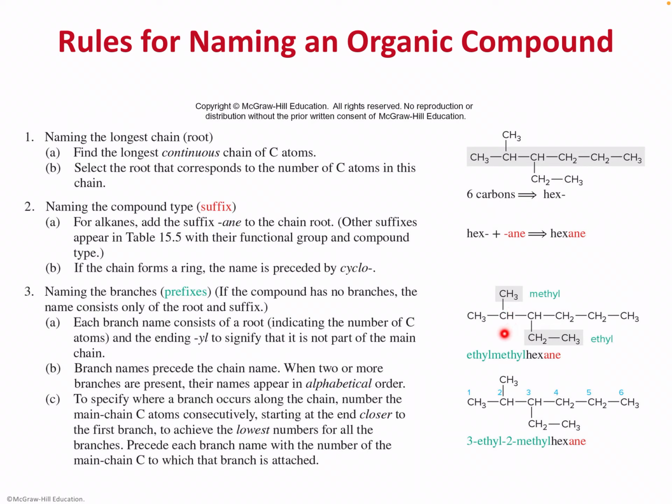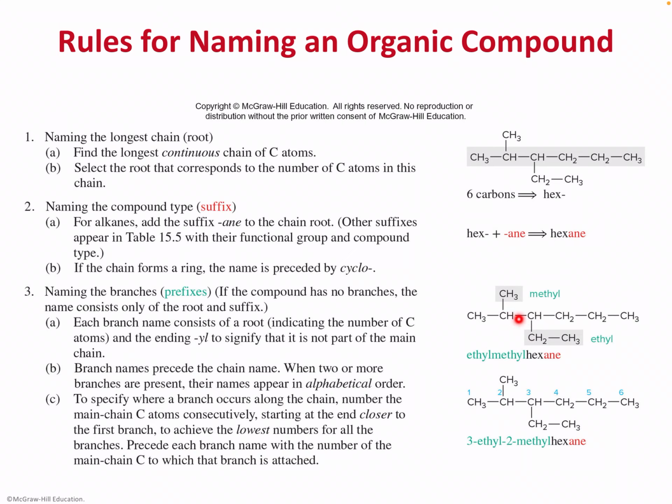So we have to represent where they are located in the main chain. To do that, we have to number the carbon chain. When you are numbering the carbon chain, there are two ways. Either you can start from here, 1, 2, 3, 4, 5, 6, or you can start from the other end, 1, 2, 3, 4, 5, 6.